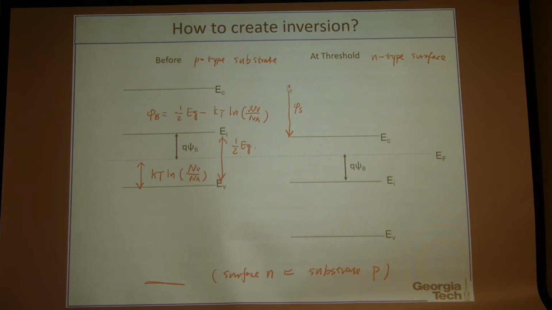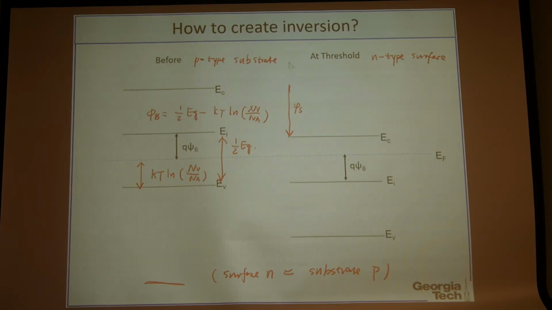So this band bending at the surface, we call it the surface potential. And then this surface potential needs to be pushed down by phi s, which is 2 phi b at the threshold voltage.